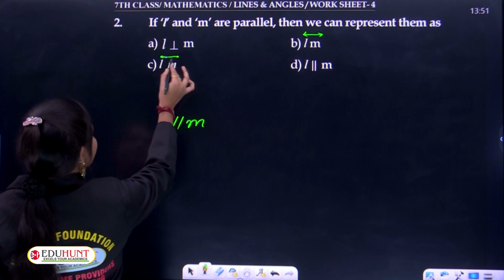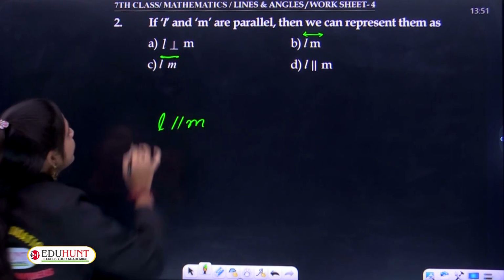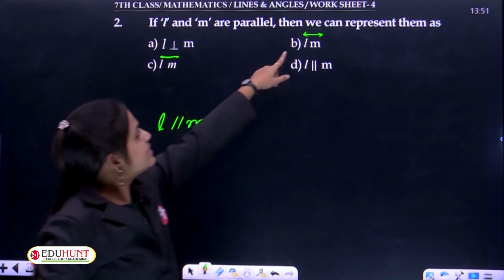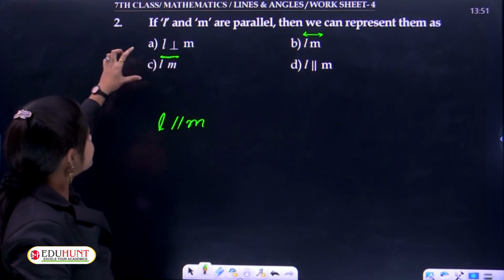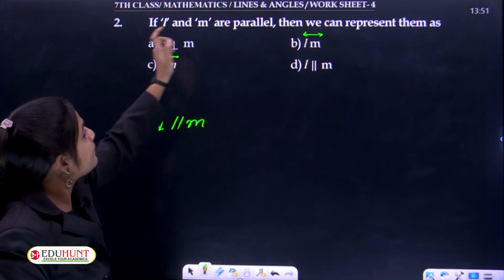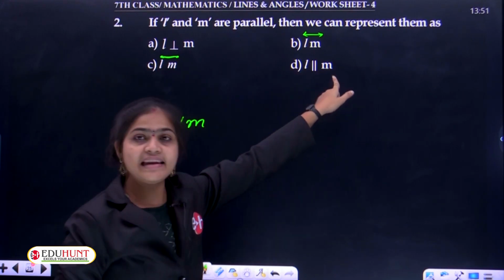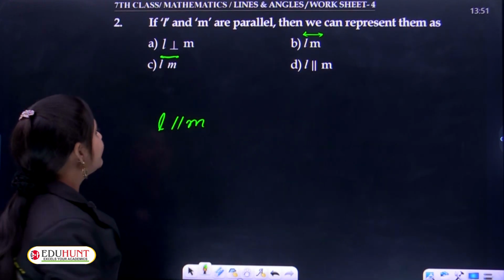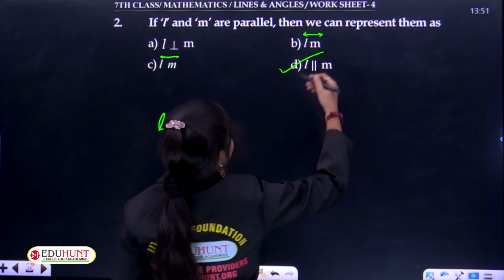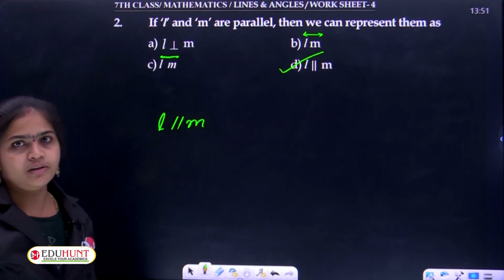This is the line segment LM. This is L is perpendicular to M, this is the straight line LM, and this is the line segment LM. Parallel means L is parallel to M. Then which one is correct? Option D, L is parallel to M.